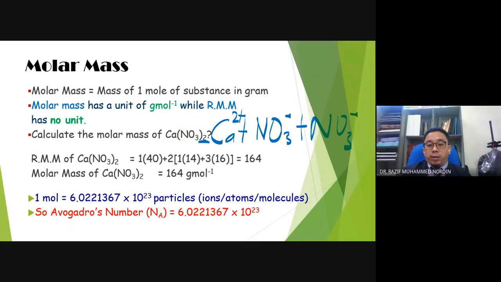Yang ni latihan ni you kena buat from the naming of compound and then how to write the right structure for the compound. Okay. Bila you tahu yang tu, dah biasa dengan ini, familiar with it, secara langsung you tahu 2 ini, it means 2 over here, and then in bracket the element inside it. Okay. Number of atoms inside it. So the molar mass for calcium nitrate, 164 gram per mole.